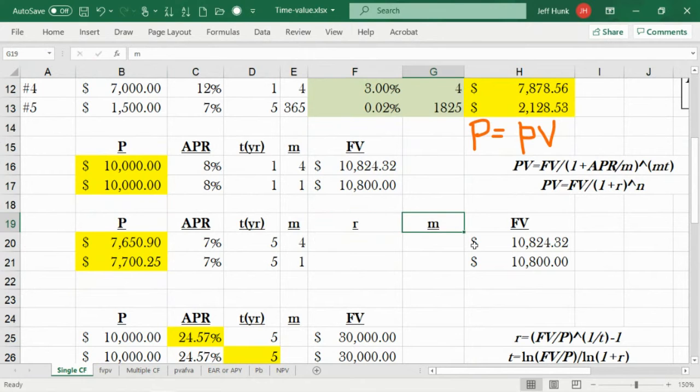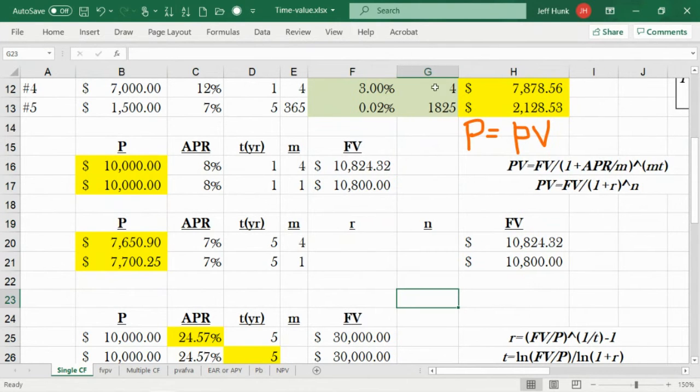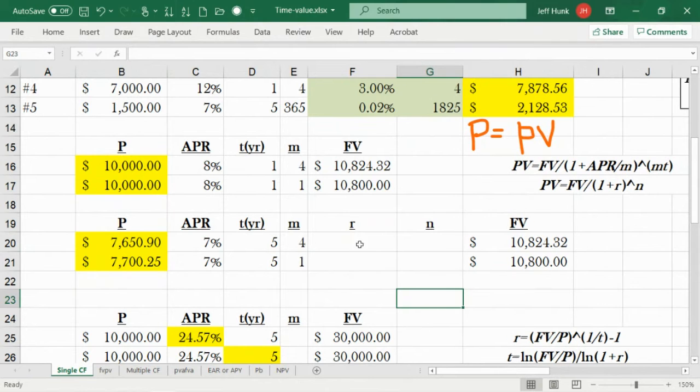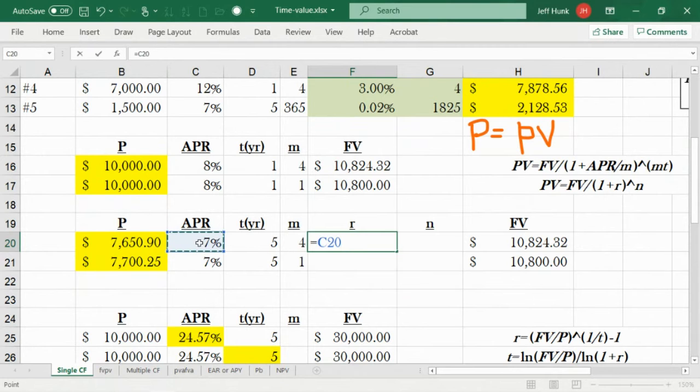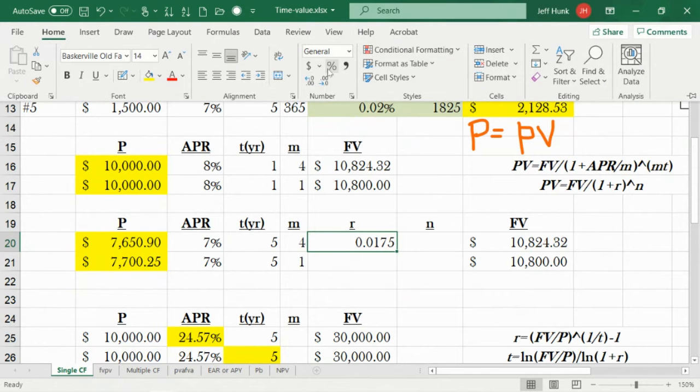So what are these columns? They are columns for R and N. So R, we know, is APR divided by N. I give it as a percentage.